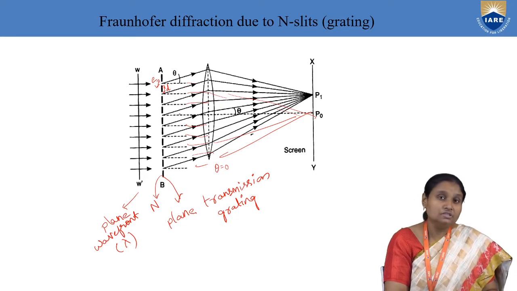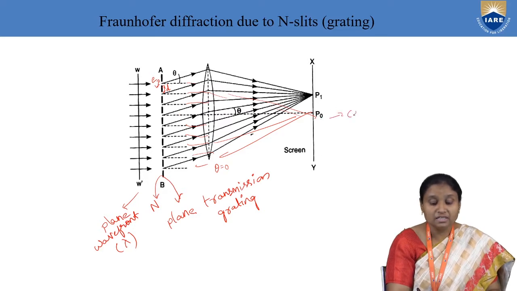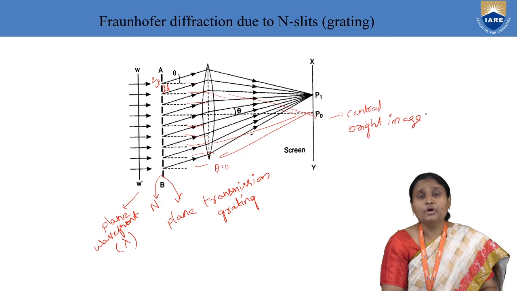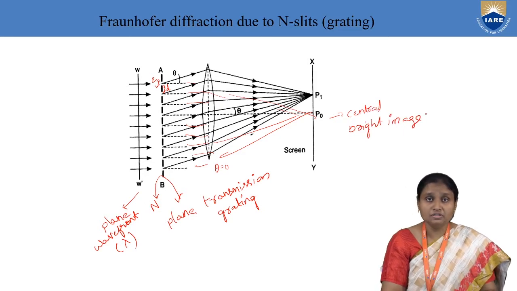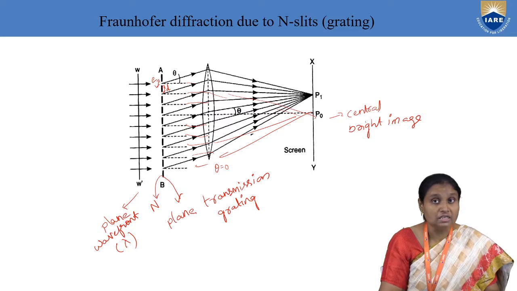And path difference 0 is the condition for a bright fringe. That's why our point P0 will be bright. So at the center you will have the central bright image. And how is this point P0 formed? It is because of all those secondary waves which are traveling exactly normal to the slit.